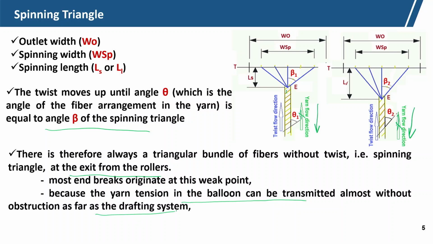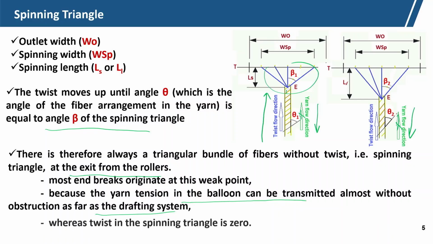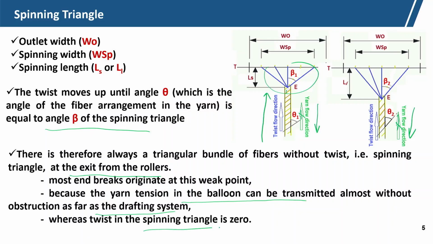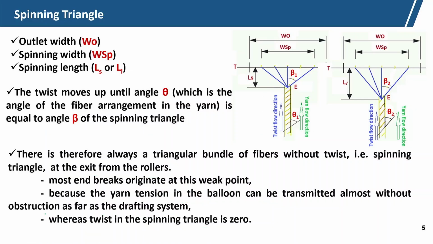So, the yarn balloon tension is moving towards the spinning triangle, which is the weakest point, where twist in the spinning triangle is 0. So, at the 0 twist portion there will be some breakage.